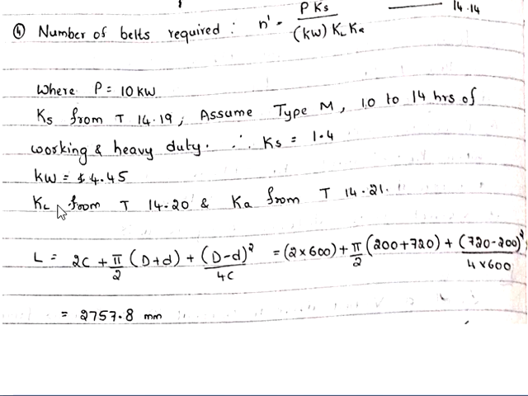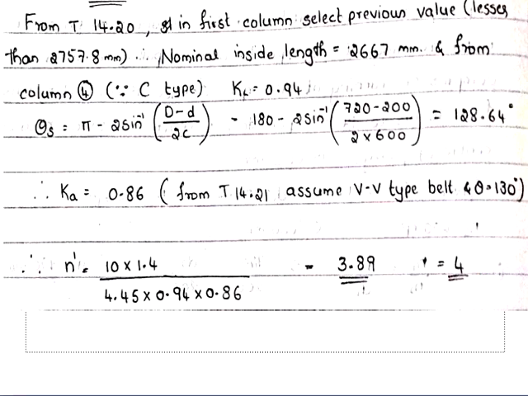To find out KL, before that, I need the length of the belt. You can calculate the length of the belt using equation number 14.1. In this equation, you can consider these as D1 and D2. C is the center distance, given in the question. Substitute all the values, and you will get the length of the belt. After getting the length, refer to table number 14.20, where different belt lengths L are given in the first column.